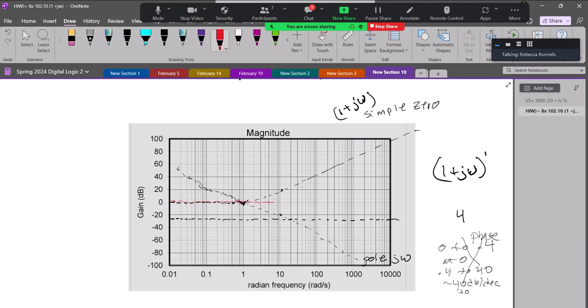And then I'll go down a decade, so I'll go down 40. And so it'll look like that.